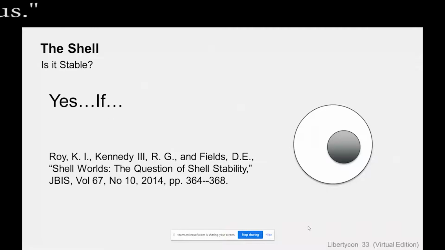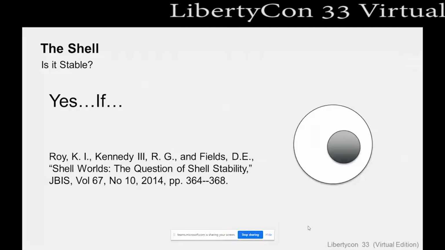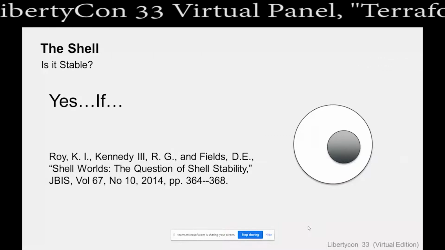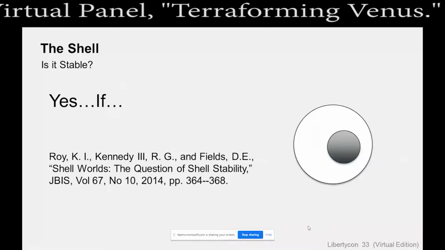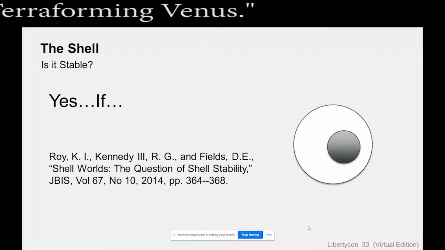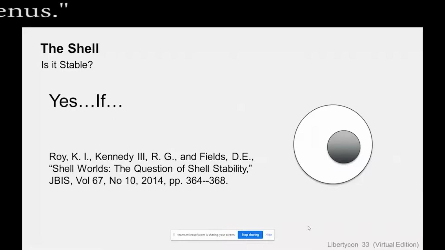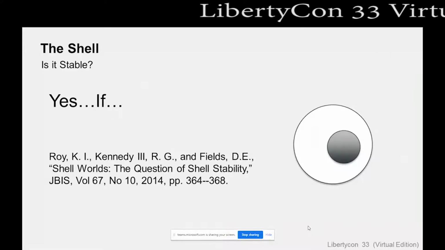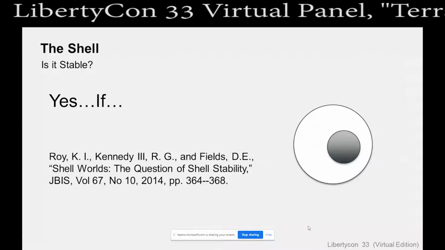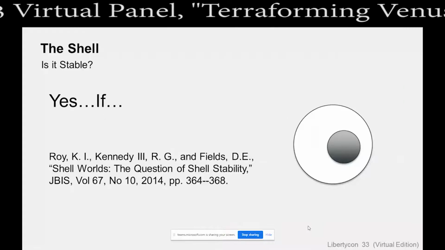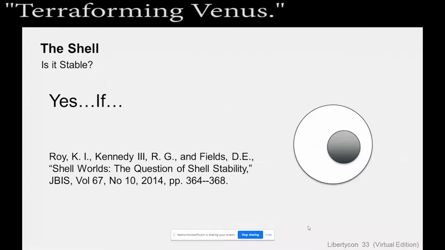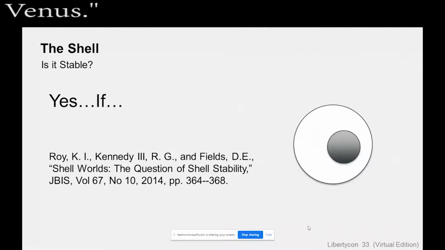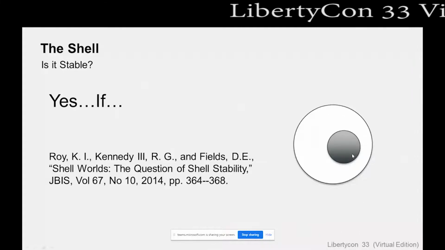Will it stay put if you build it? And the answer is yes. We've published a paper on that in the 2014 JBIS that talks about shell stability. And it turns out if the pressure gradient, as it varies with altitude, varies faster than the gravitational gradient as it varies with altitude, then pressure will indeed begin to restore any shell that's displaced, as is shown here.